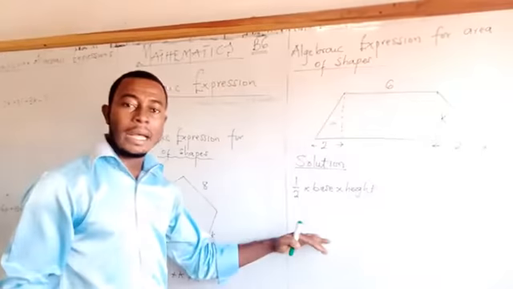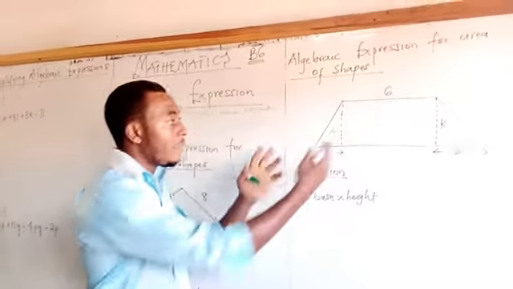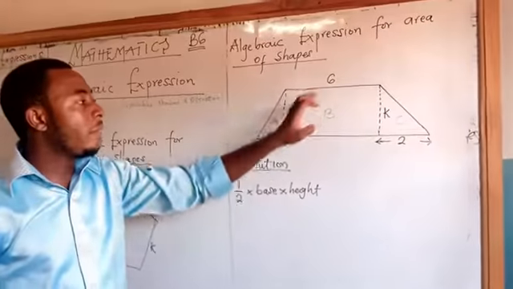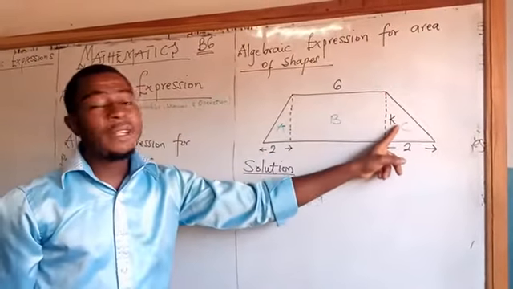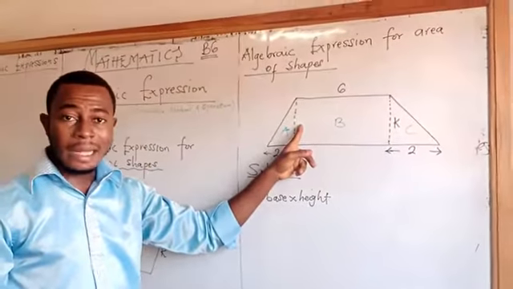So this is my formula for a triangle: half times base times height. Then I substitute the figures. Now, from the diagram, this side is given as K, and this side is also the same as that side.